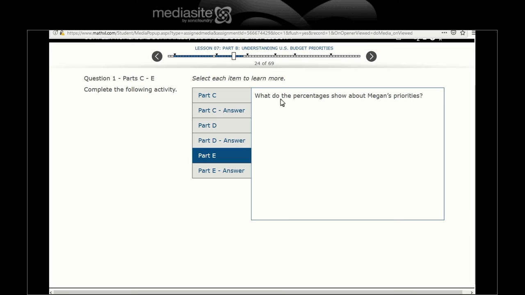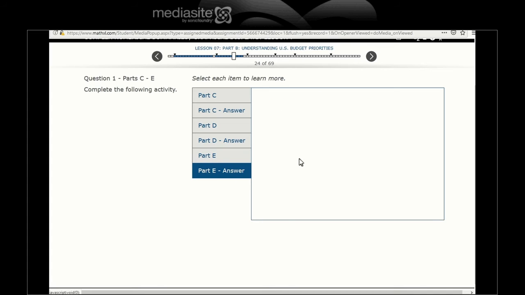And E, what do the percentages show about Megan's priorities? Well, the thing she has most priorities is what she puts most of her time into, I would suspect, which are the top three hitters: sleep, work, and homework.